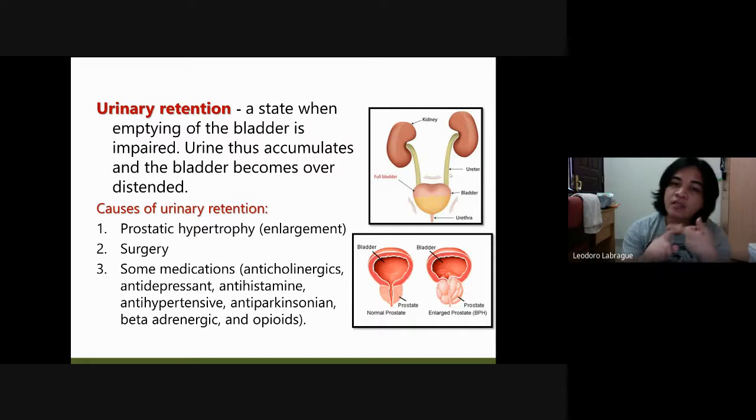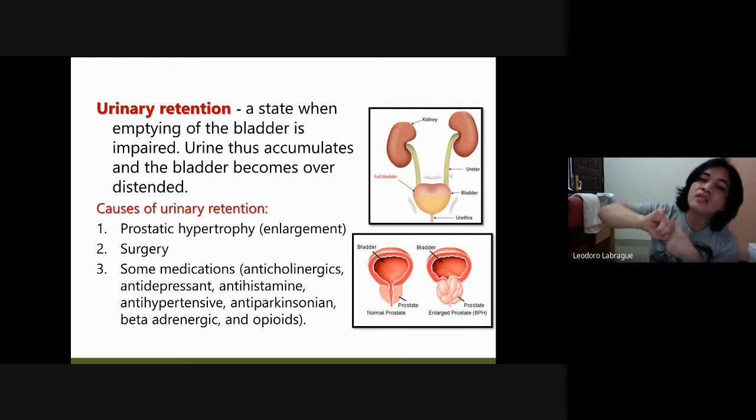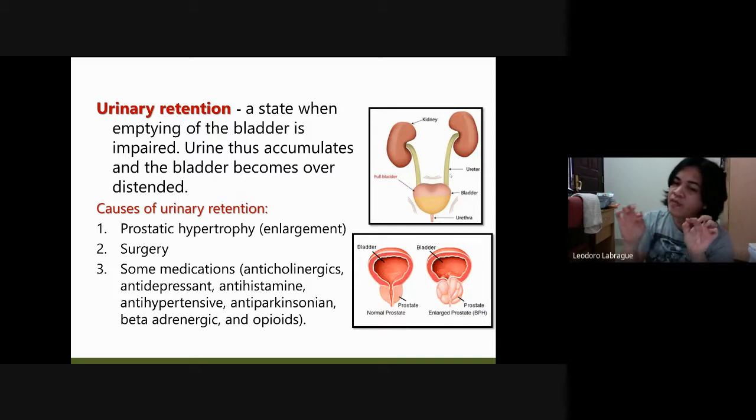Remember that the urethra is surrounded by the prostate gland, like this. If the prostate gland is enlarged, it will exert pressure on the urethra. Look at the second photo of the bladder. The prostate is enlarged. So what will happen with the passage of the urine? What will happen to the urethra?